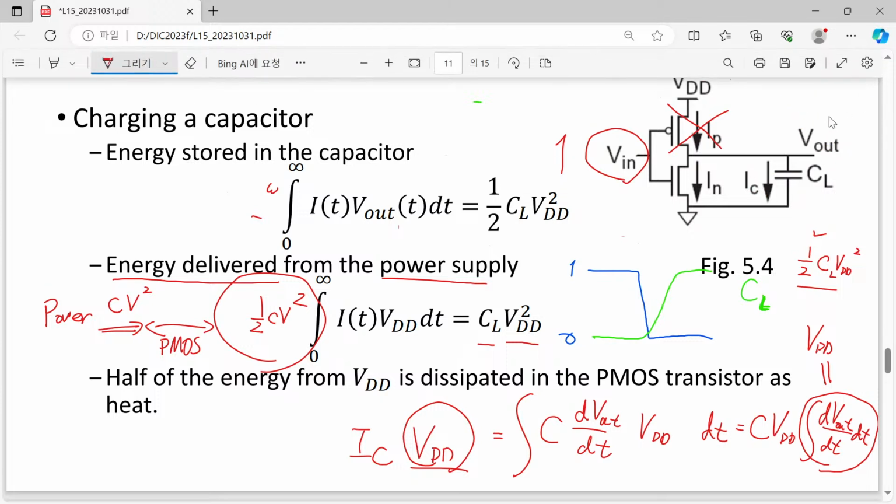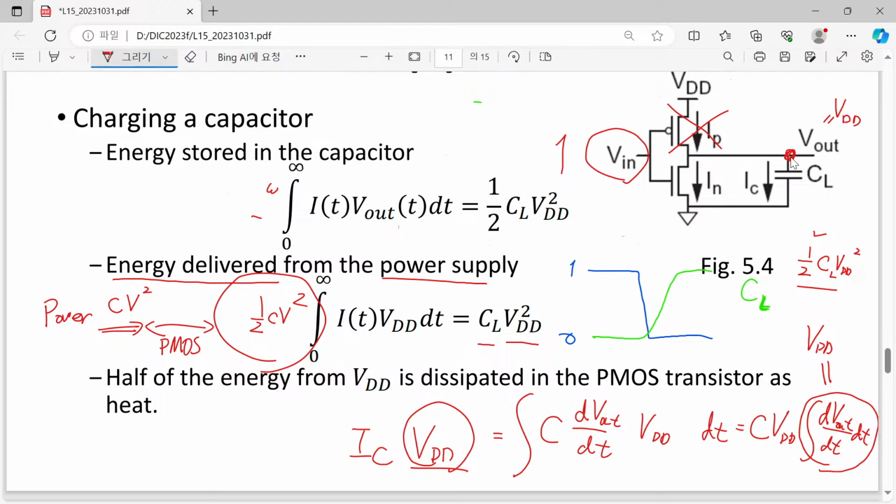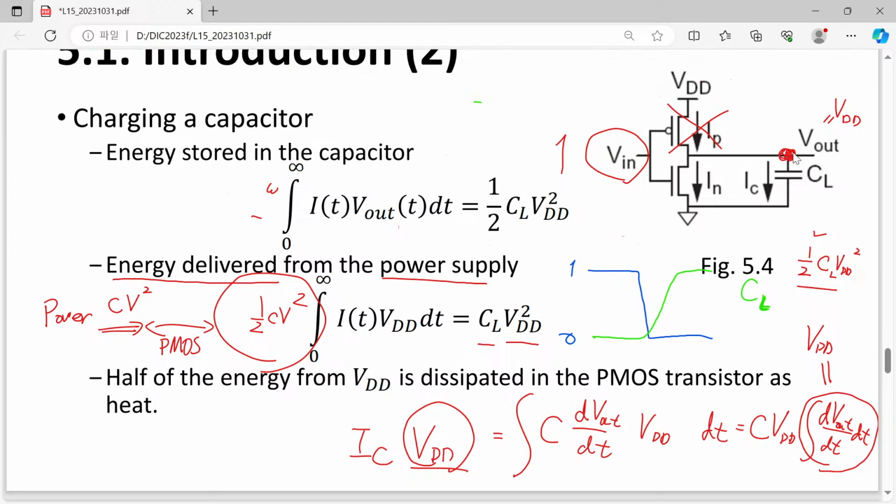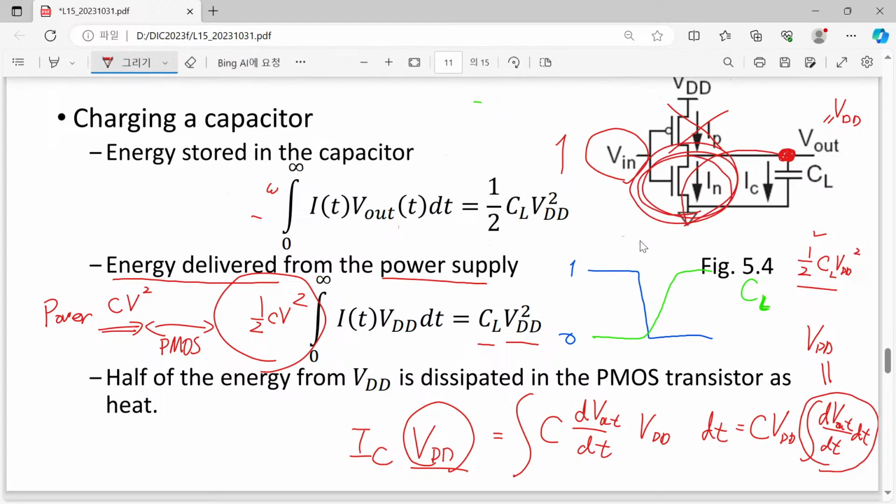Here we have V_out equal to V_DD. That stored energy is completely dissipated by what? Dissipated by this NMOSFET.